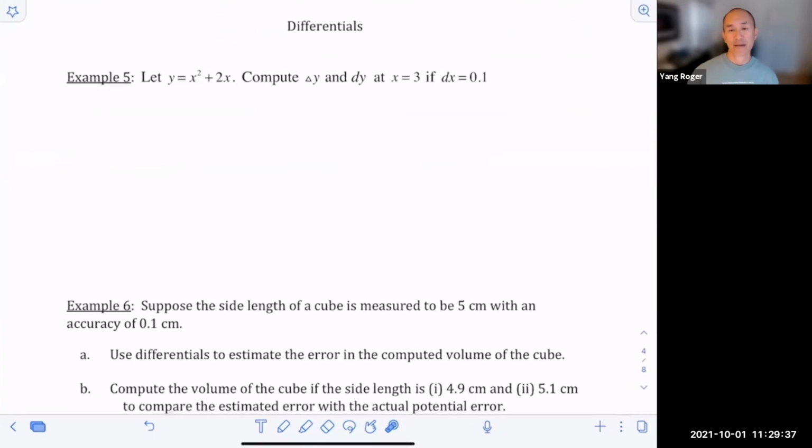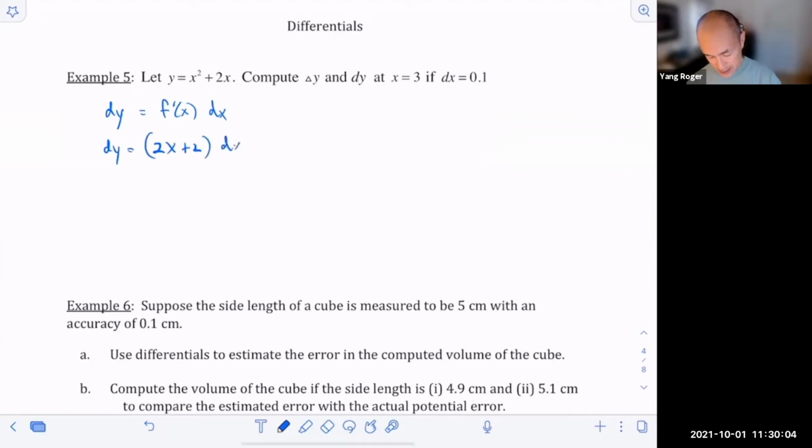Let's take a look at example 5. What I'm trying to do is calculate this differential. So I know that the differential dy is just going to be the derivative multiplied by dx. So that means dy is going to be equal to (2x + 2) dx.